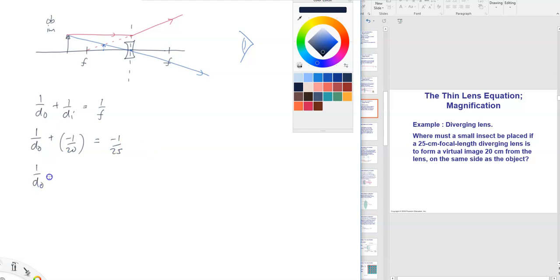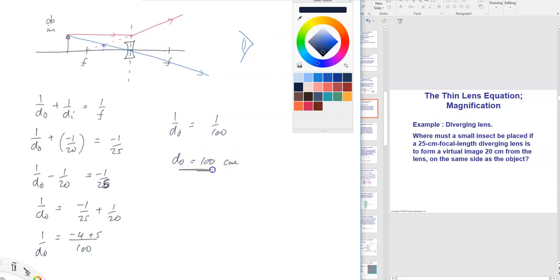So 1 over d_o equals negative 1 over 25 plus 1 over 20. Over 100, negative 4 plus 5. This is 1 over d_o, and going here, 1 over d_o equals positive 1 over 100. d_o equals 100. You're working with centimeters, so this has to be 100 centimeters. Okay.